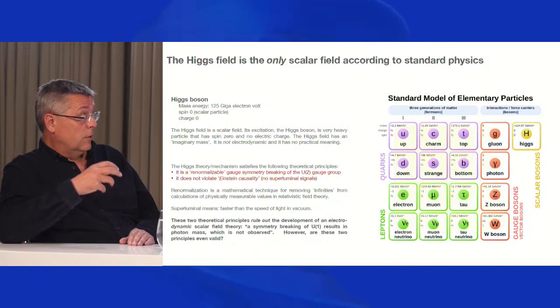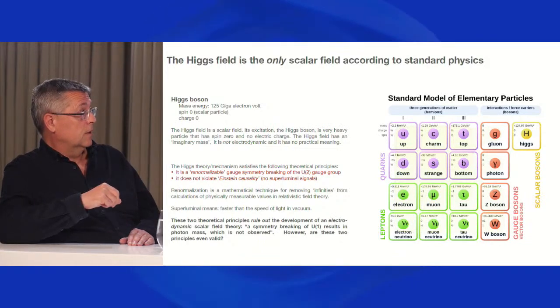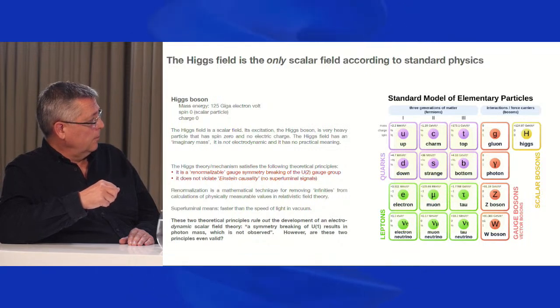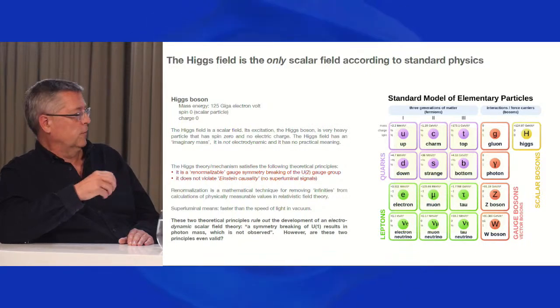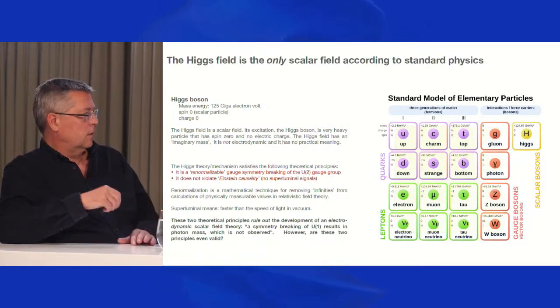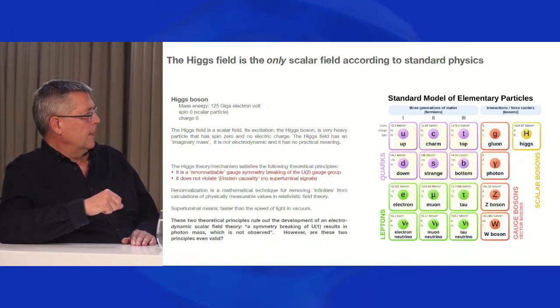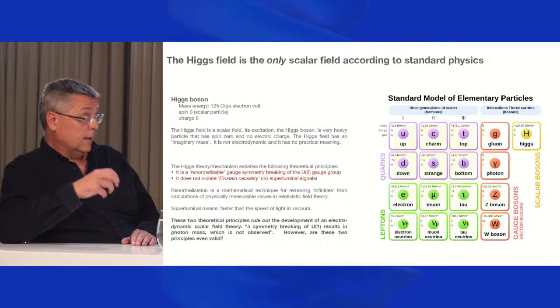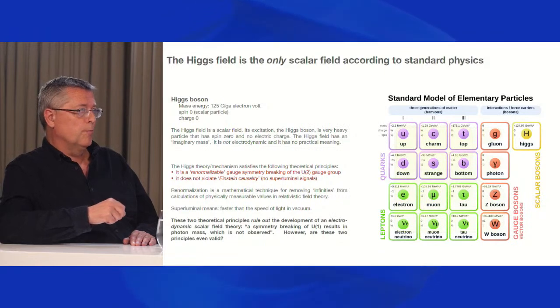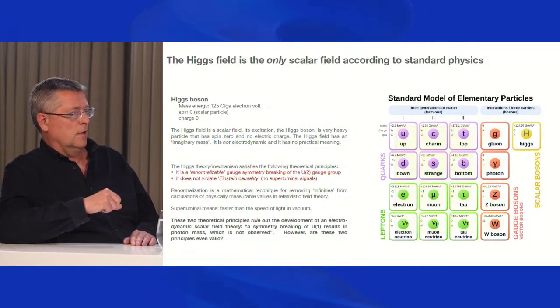But the Higgs theory and mechanism satisfies the following theoretical principles. It has to be renormalizable, that's a bit of a difficult word, renormalization, that's a particular physics principle. And it is also a gauge symmetry breaking of the U2 gauge group, also difficult to understand.